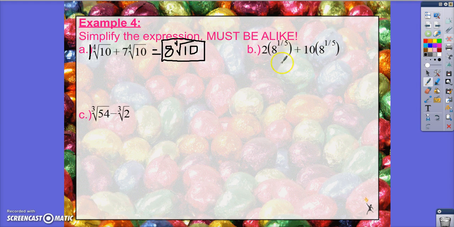Now, what if it looks like in this form? I don't have the root or radical, right? I have a rational exponent, so 8 to the 1/5. Same idea. 2 plus 10 is 12. And then just rewrite 8 to the 1/5. That's my answer.